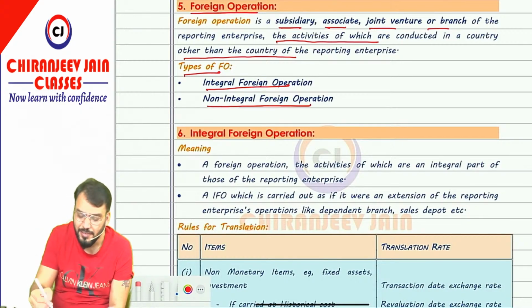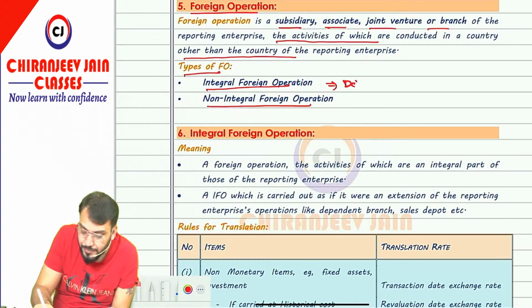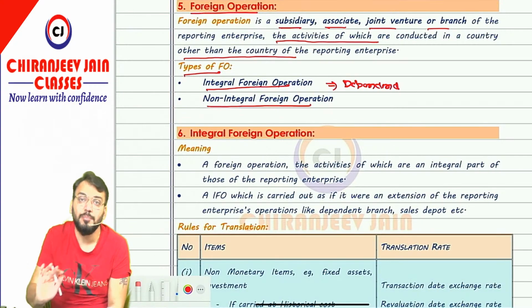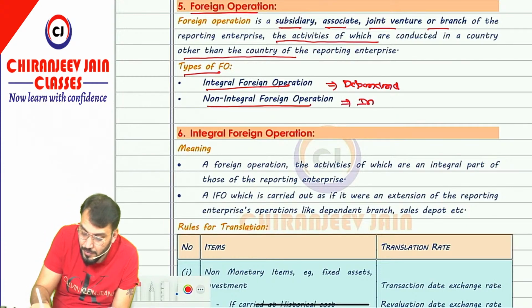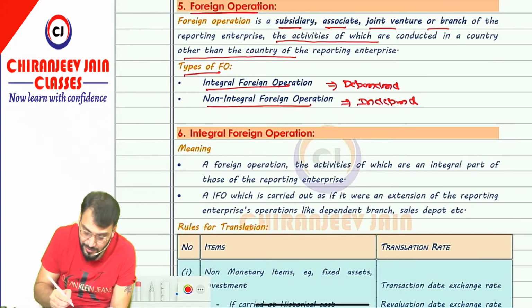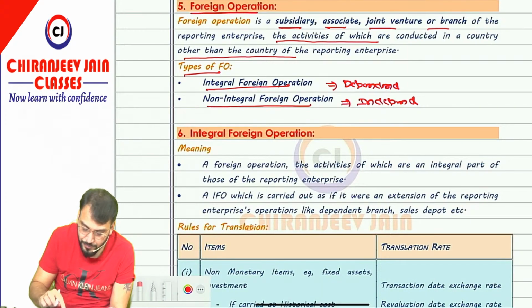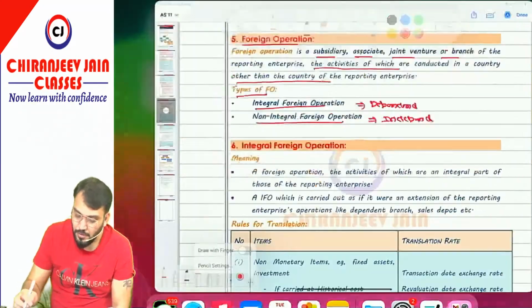In simple words, integral foreign operations are those foreign operations which are dependent on the Indian reporting entity, and if they are independent from the Indian reporting entity, then that will be a non-integral foreign operation. In simple words, got this point? Have you understood?